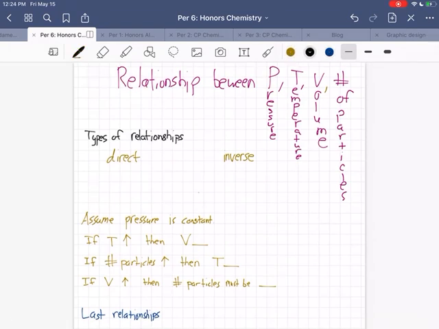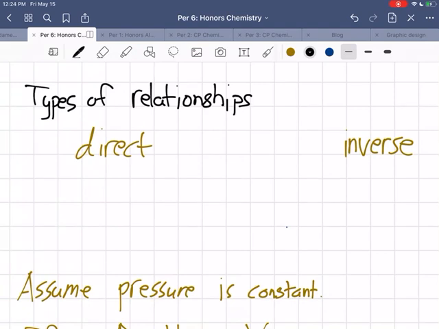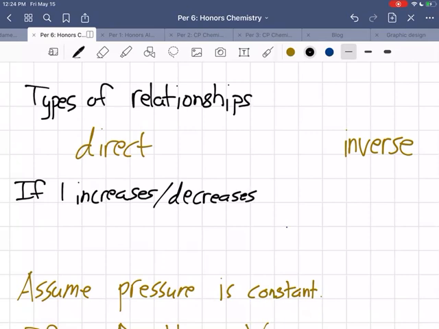When you're talking about two variables, if I increased one of them, what happens to the other?